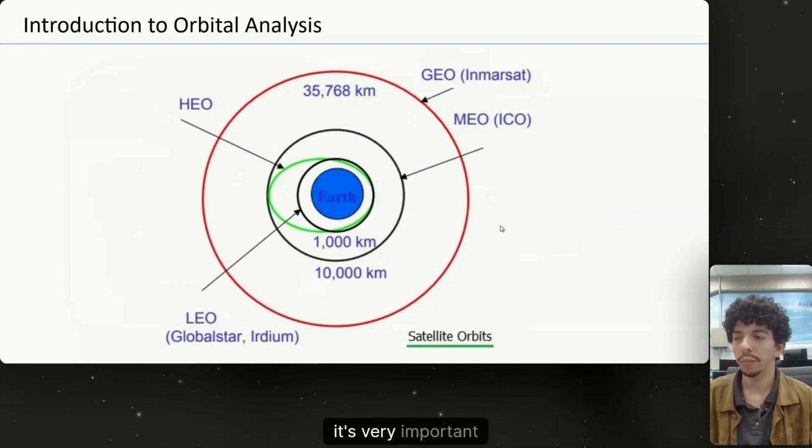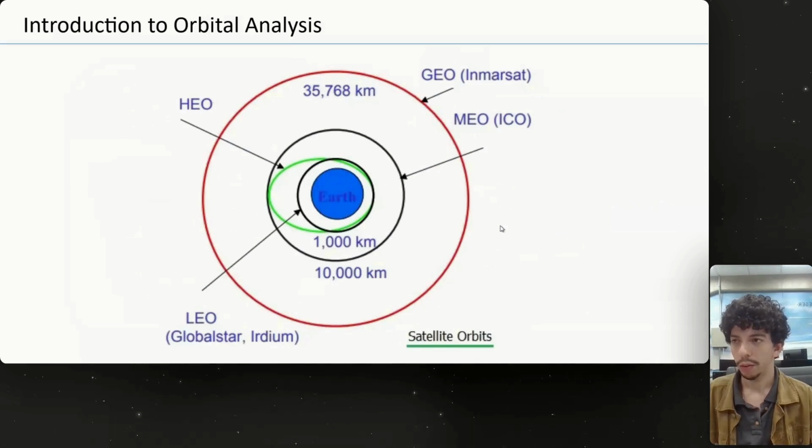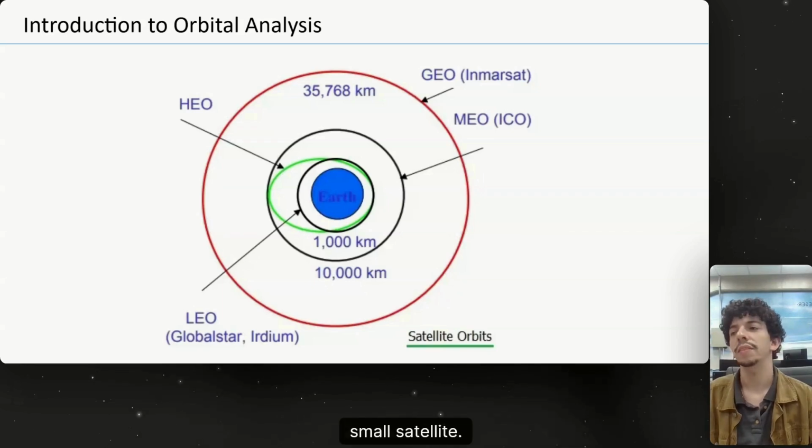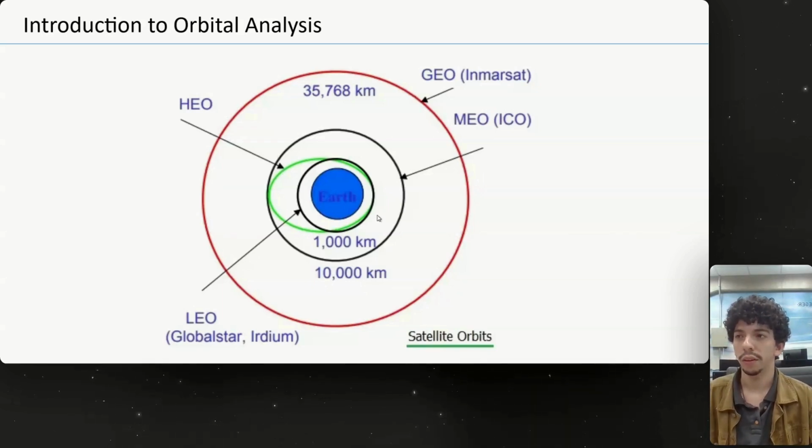And it's very important to know the different types of orbits. The principal orbit for missions around the Earth is the LEO orbit. Okay, LEO orbit is generally for small satellites, and actually we talk about CubeSats or PocketSats.